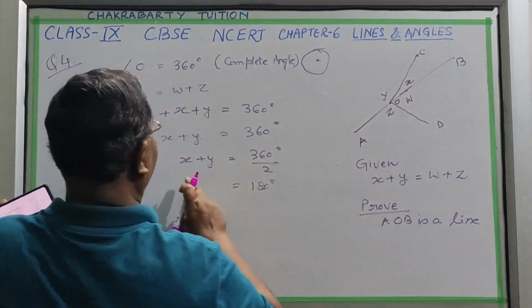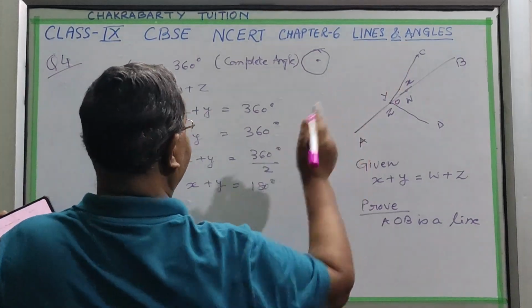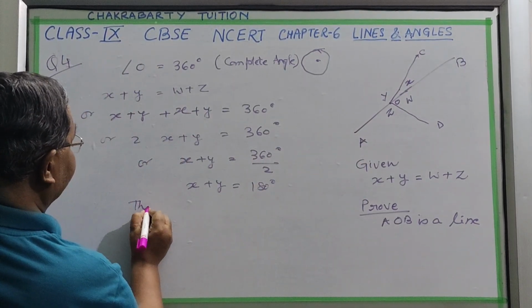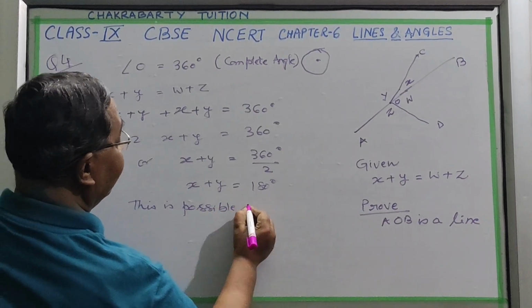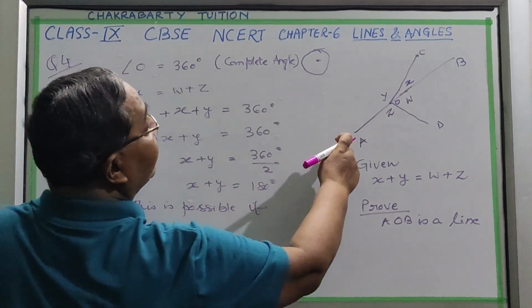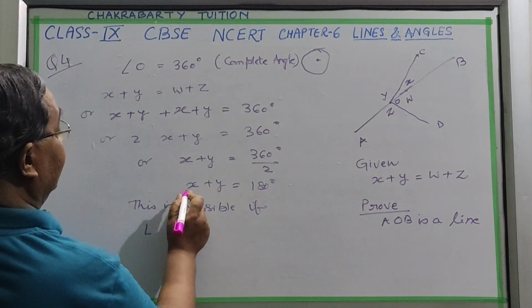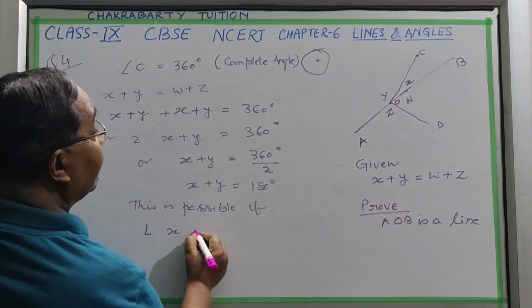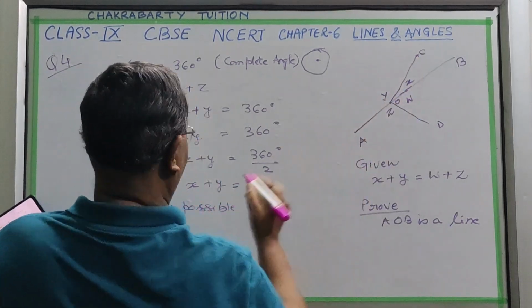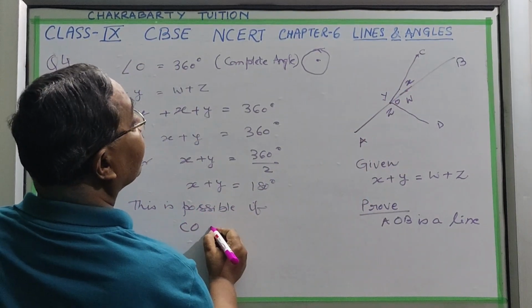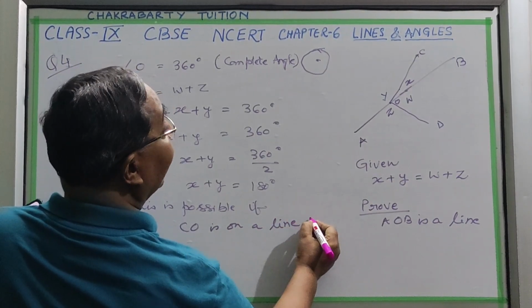Now you have proved x plus y is 180 degree, and this is possible if CO is on a line AB.